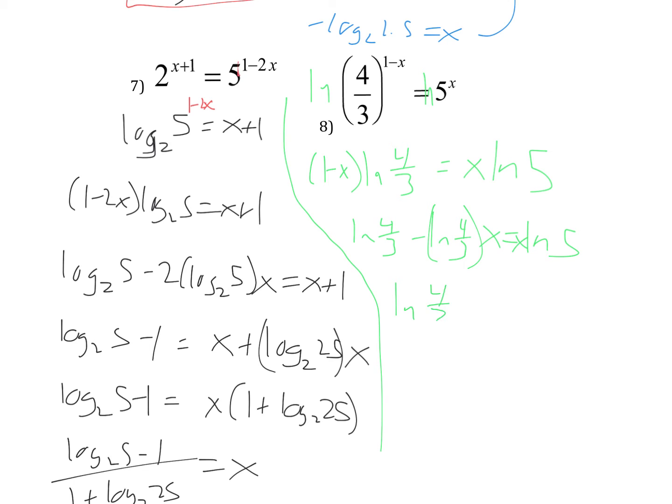Ln of 4/3 is equal to x ln 5 plus x ln 4/3. And if I factor out and then divide, I'm going to get ln of 4/3 over ln, or natural log of 5, plus ln of 4/3 equals x.